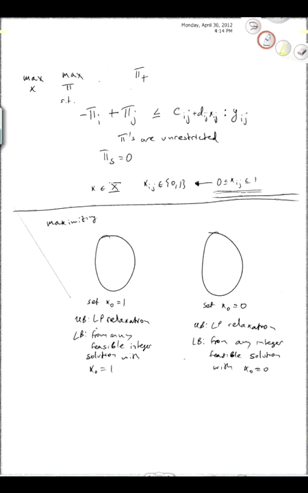So the reason that these give lower bounds is because the optimization problem is looking for the best integer feasible solution. So that means if I take a look at any integer feasible solution, well, the best one must only possibly do better than that. So that's why any particular feasible integer solution gives you a lower bound.